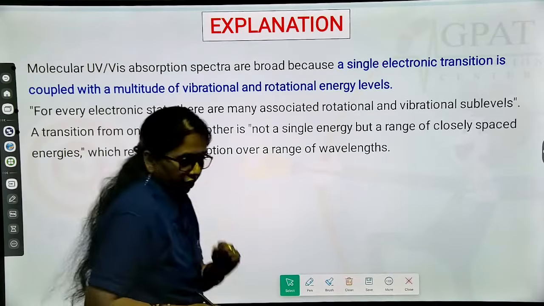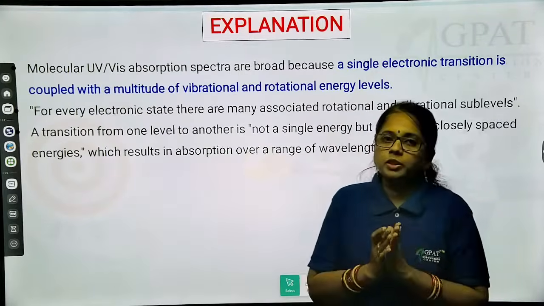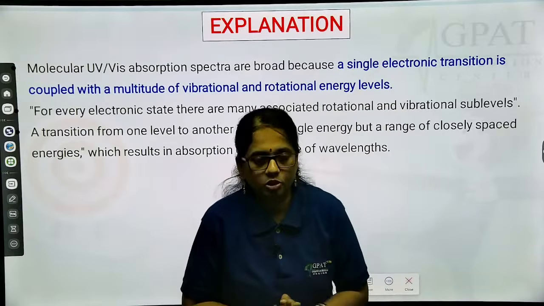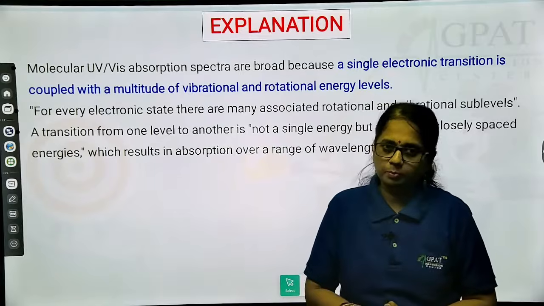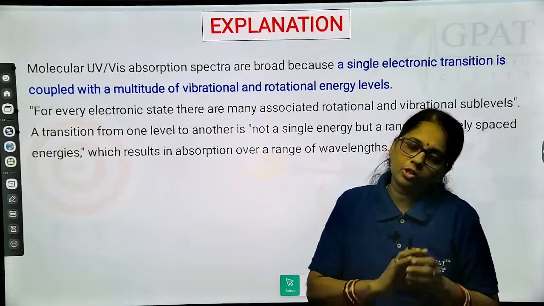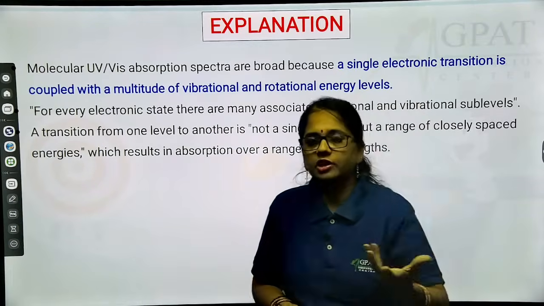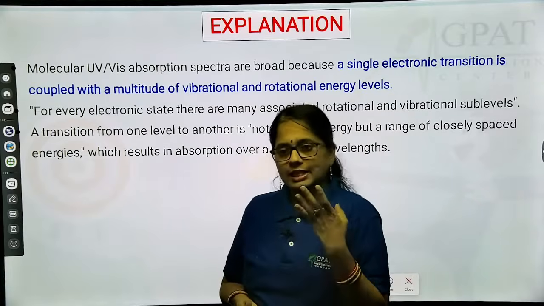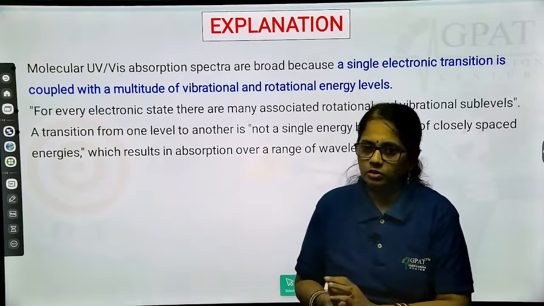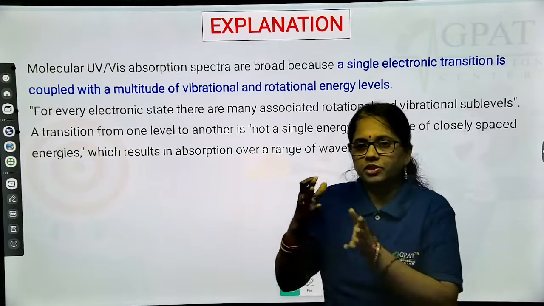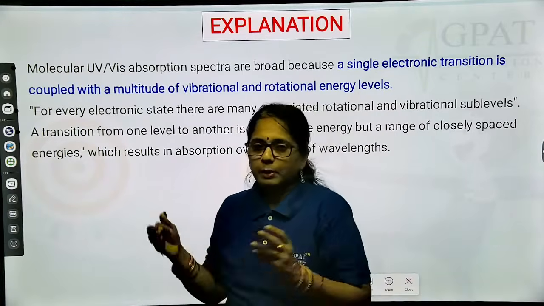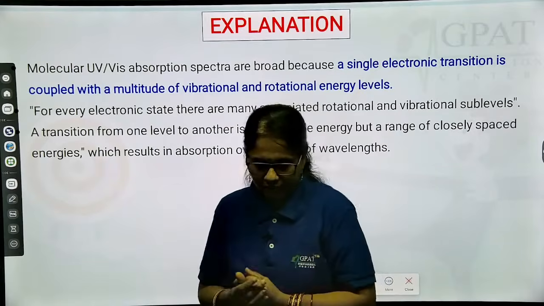UV majorly focuses on the electronic transitions only, but as such the molecule possesses all the energies. So the energy is a combination of electronic, rotational and vibrational, and only then do you see different changes by passing the radiation at different wavelengths.